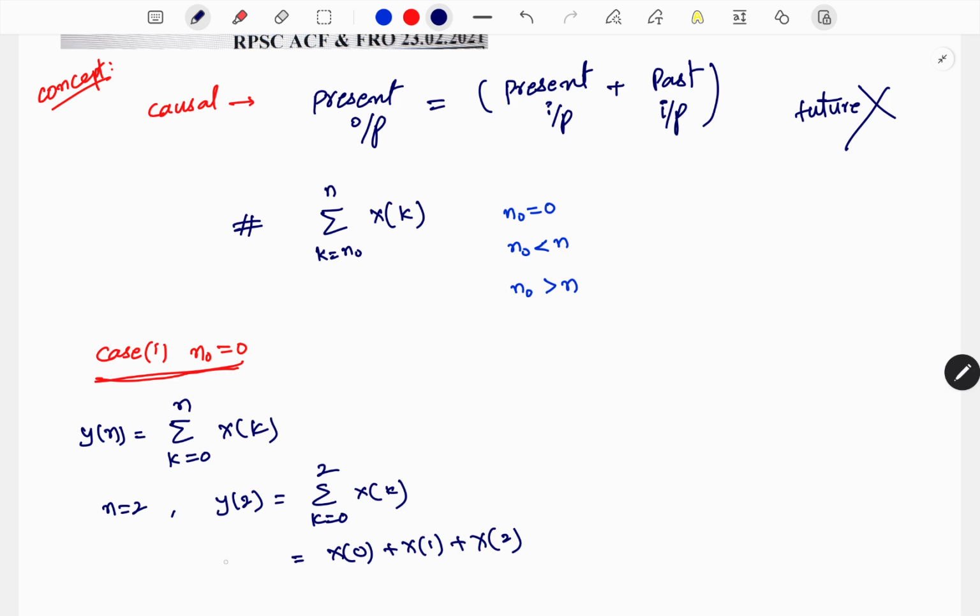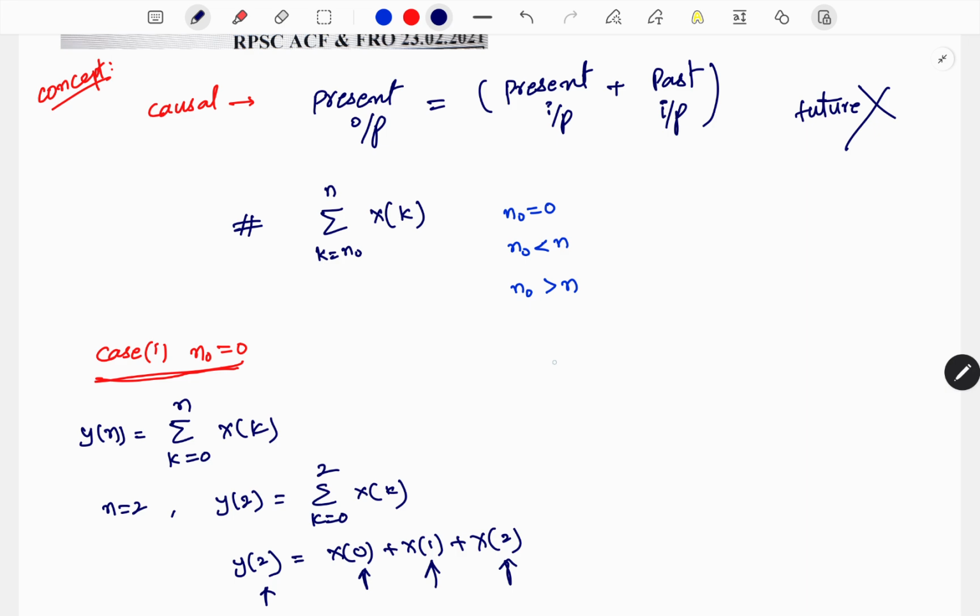It is causal in this case, because for the present output at n is equal to 2, we are taking previous inputs at n is equal to 0 and 1, and the present input at n is equal to 2.